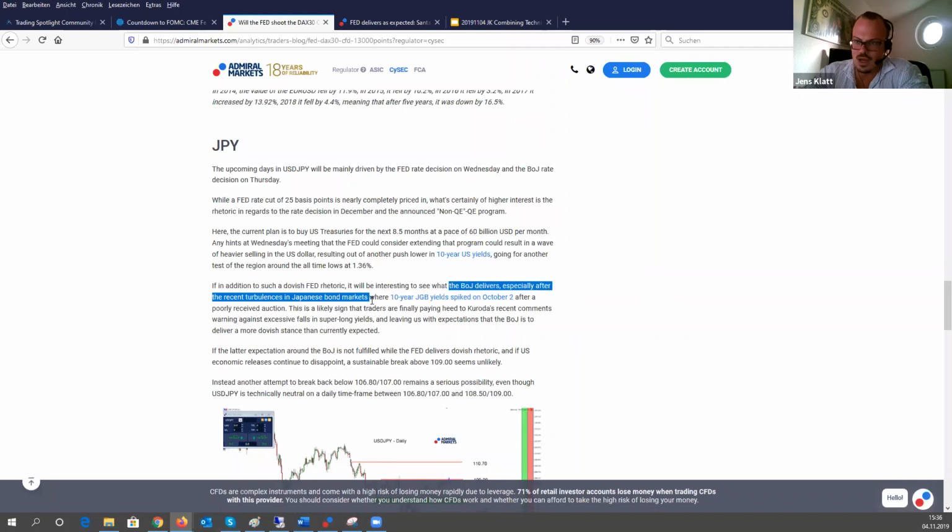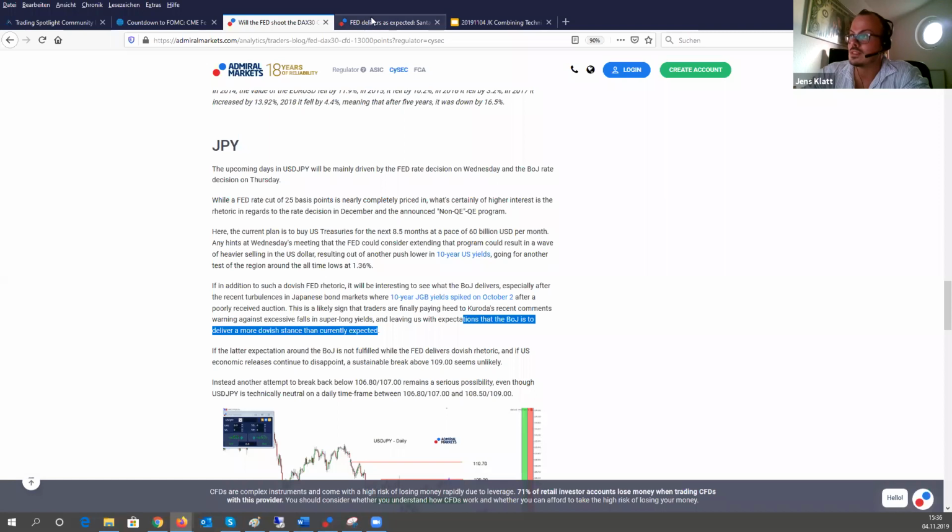So for that alone, I think it's worth reading these pieces to get an idea. This is a likely sign, I'm writing here, that traders are finally paying heed to Kuroda's recent comments warning against excessive falls in super long yields, leaving us with expectations that the BOJ is to deliver a more dovish stance than currently expected. So that's what was expected.